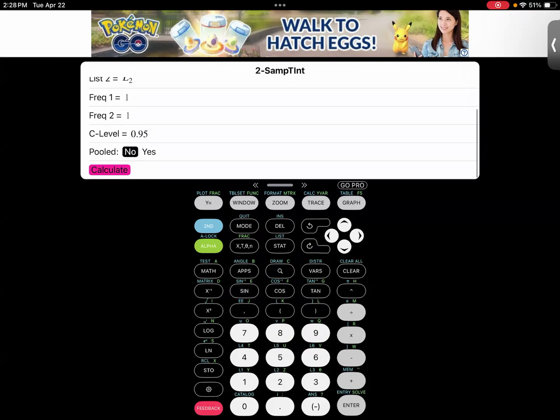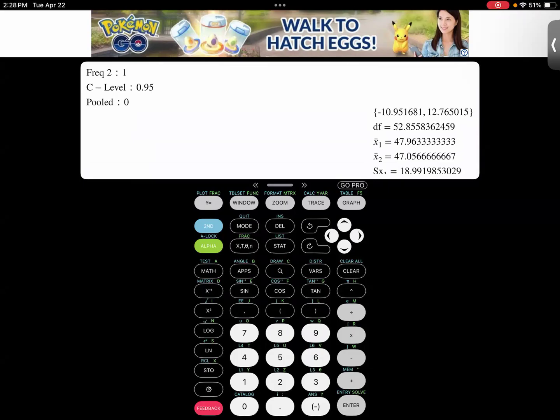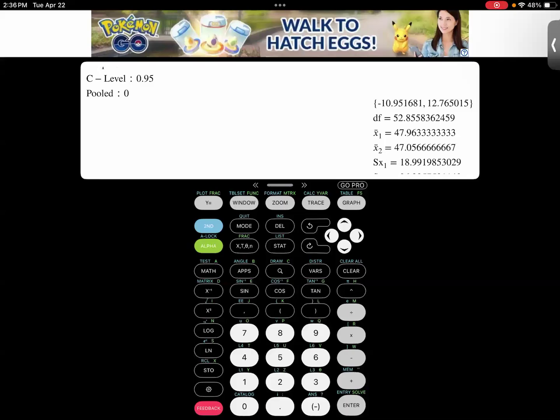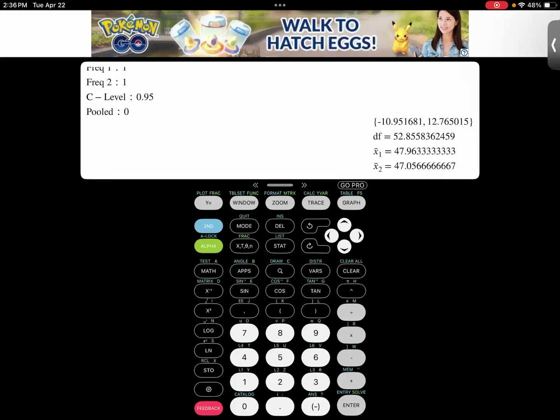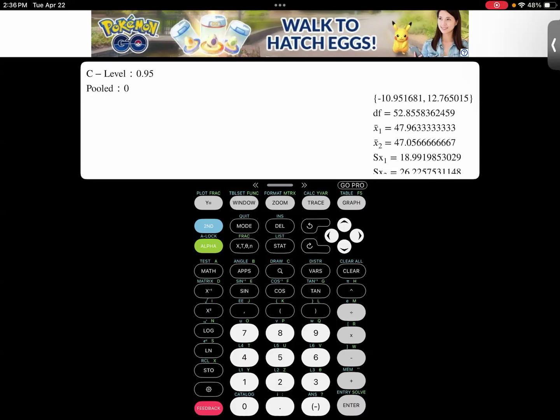But we're going to go ahead and hit calculate. Okay, so you see the numbers up top, negative 10.95. This is what you should get for your 2SampTInt: negative 10.95 to 12.76, rounded up to 12.77.